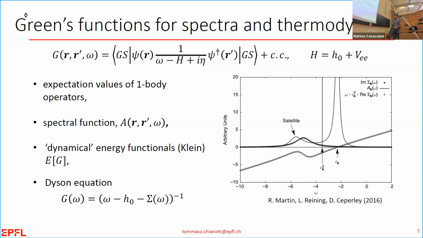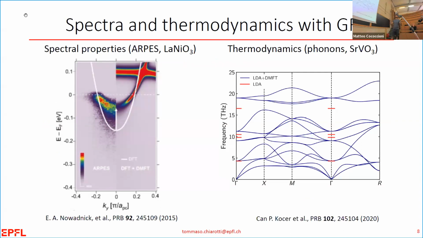Now, these are some state-of-the-art results. Of course, I cannot cite everything, but these are computed with dynamical mean-field theory. This is lanthanum nickel oxide, and this is strontium vanadate. This is indeed a photoemission prediction. Here you have the experiment, and here you have the result of the dynamical mean-field theory calculation. You see there is very good agreement.